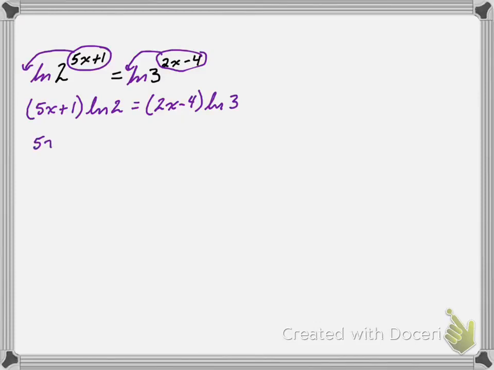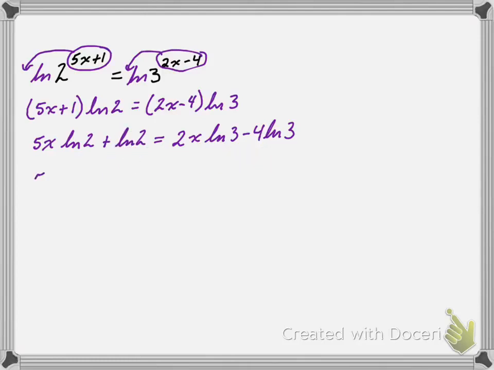Distributing is 5x natural log of 2 plus 1 times the natural log of 2 equals 2x natural log 3 minus 4 natural log 3. All right, so now we need to move our x terms to one side, and then natural log of 2 will move over to this side.